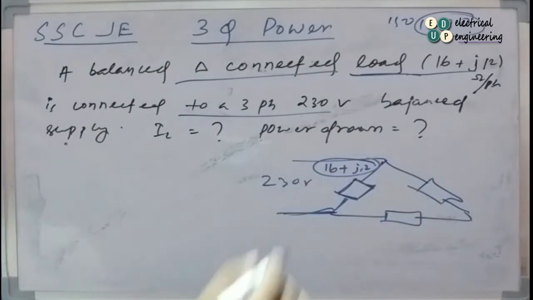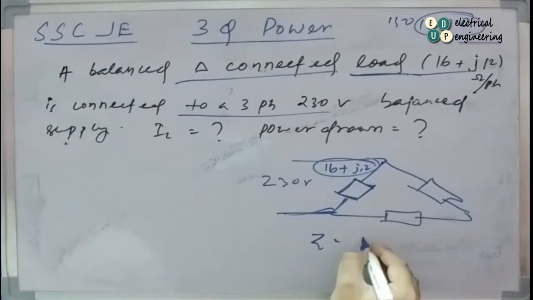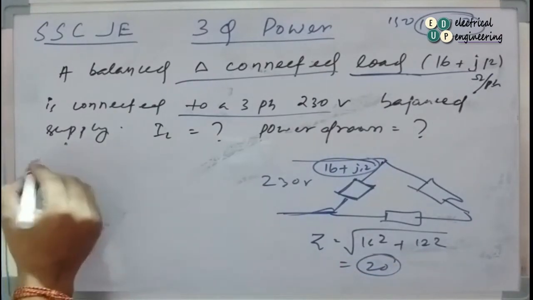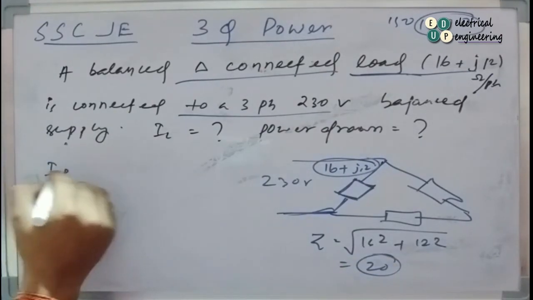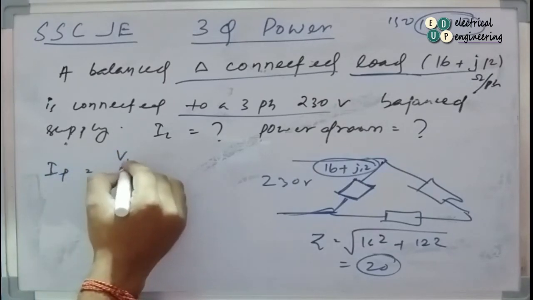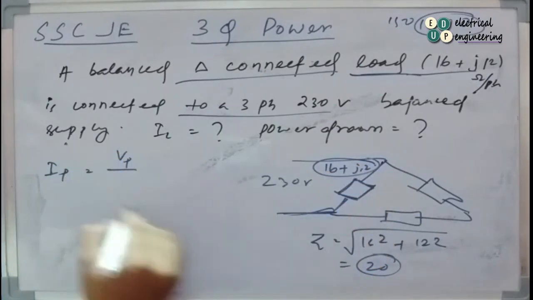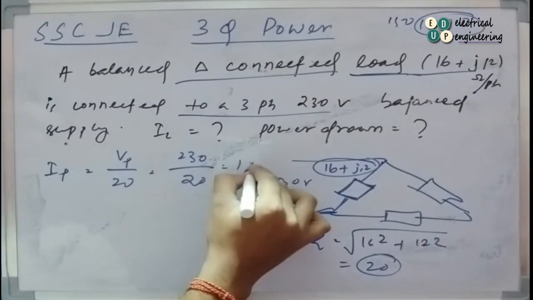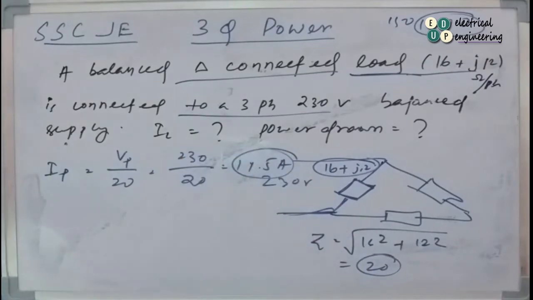This impedance you can find as Z equals the square root of 16 squared plus 12 squared, which is 20. So from here you can easily find I phase. I phase will be V phase divided by impedance. Impedance is 20, V phase is 230, so 230 by 20 is 11.5 ampere.